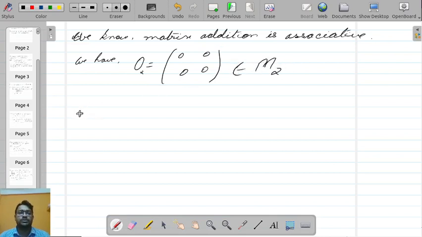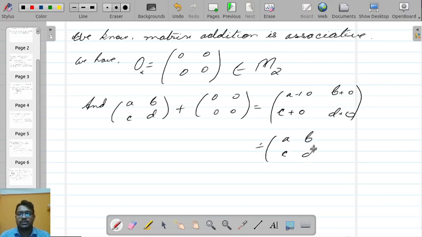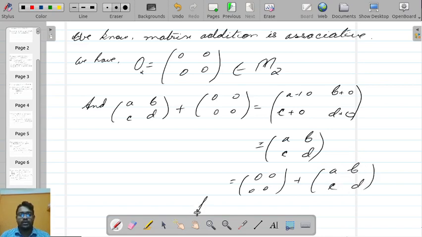Any matrix A, B, C, D added with 0 0 0 0 is always equal to A plus 0, B plus 0, C plus 0, and D plus 0, which is the same as A, B, C, D. And the other way also it is true: it is also equal to 0 0 0 0 plus A, B, C, D, for any A, B, C, D inside M2.